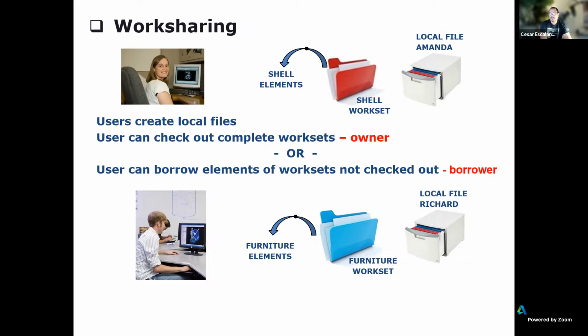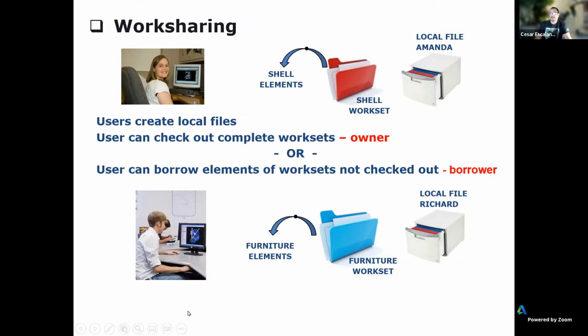The first one, being an owner, is a selfish way of working. It's sometimes used by the BIM manager when you want to prevent someone from making any change on a specific type of geometry. But for those conditions, we can already lock, we can pin elements to prevent others from using them. But checking out a work set as an owner, I don't recommend it.